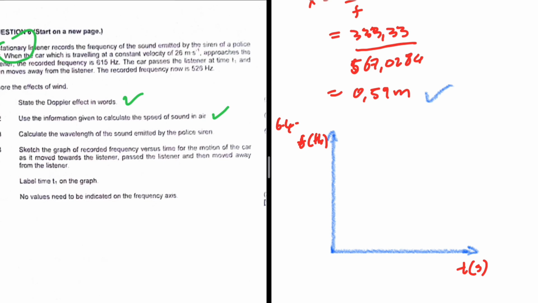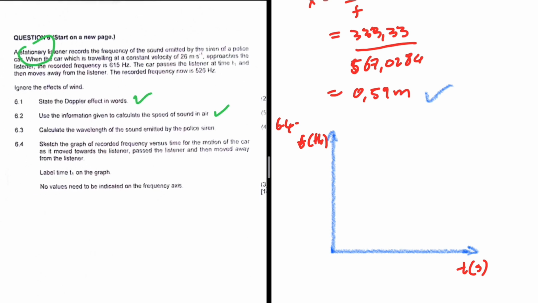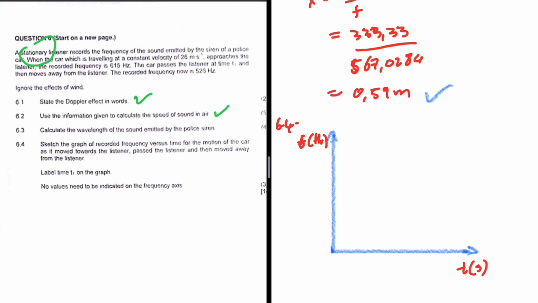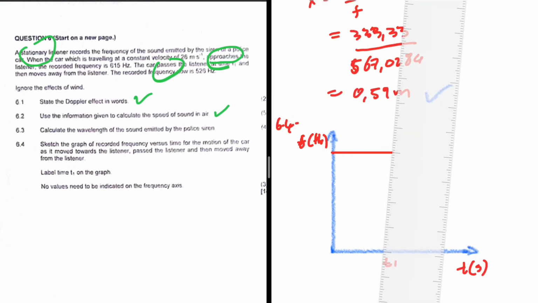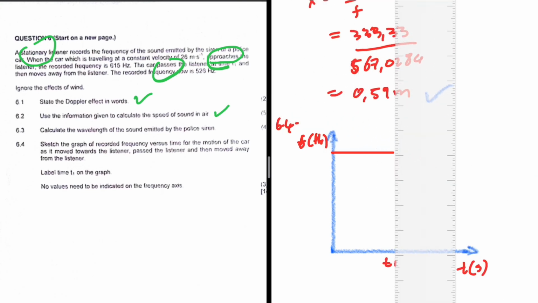Initially it approaches, and after that it passes and moves away. When it is approaching, we have a higher frequency. So somewhere here, this is our frequency when we are approaching. And then something happens at T1. At T1, it passes the listener and is now moving away.